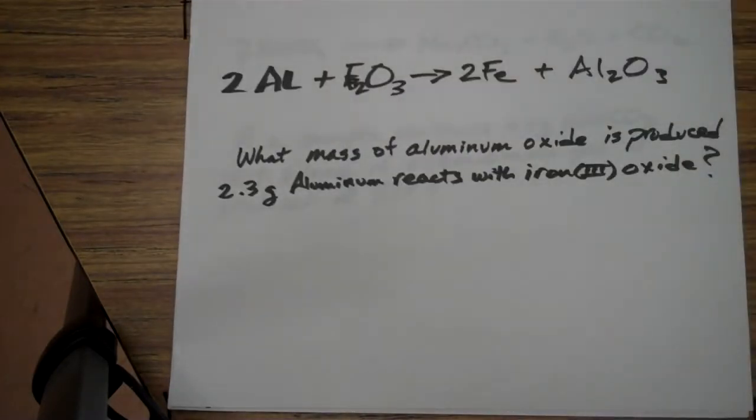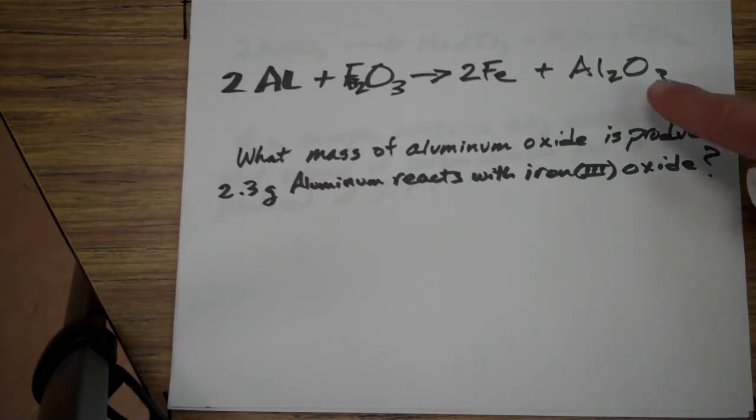Say we're given a problem where we have aluminum reacting with iron oxide to produce iron solid and aluminum oxide. And this is called the thermite reaction. Very spectacular demo. And we want to find out what is the mass of aluminum oxide product that is produced when 2.3 grams of aluminum reacts with iron 3 oxide.